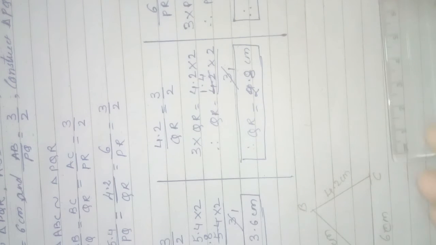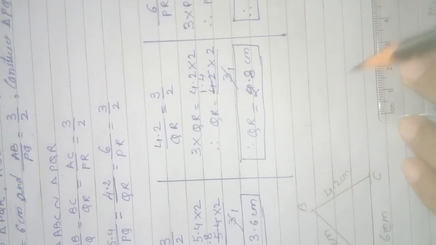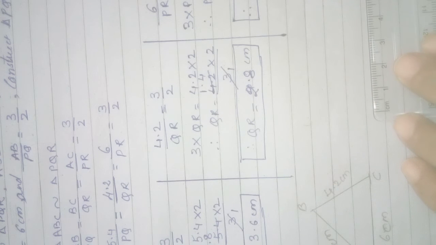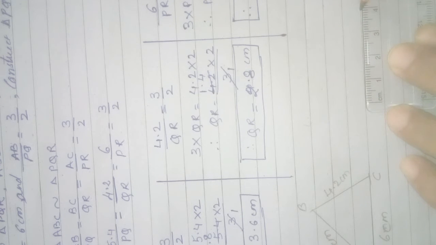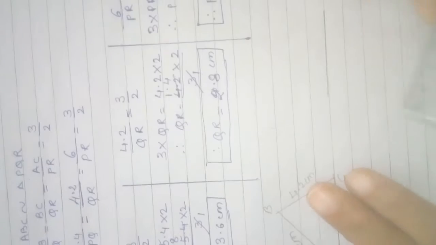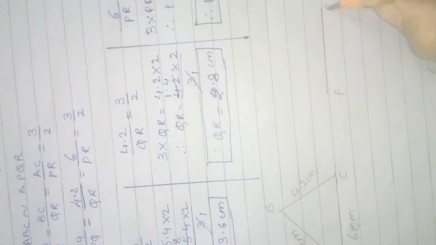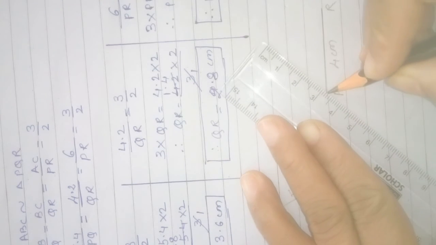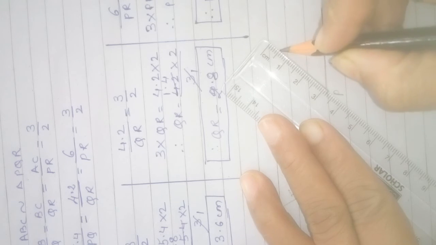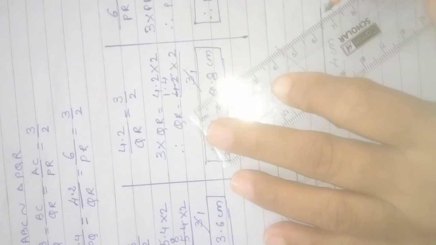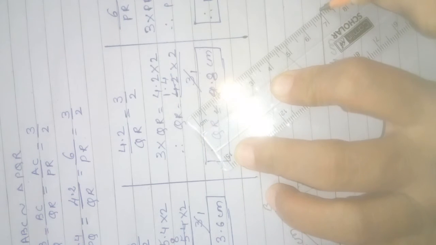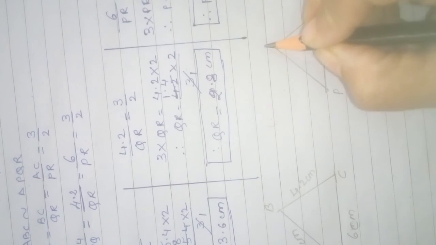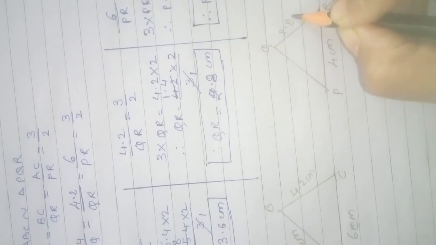Now for PQR, PR is the longest side. It is equal to 4 centimeters. PQ is equal to 3.6 centimeters and QR is equal to 2.8 centimeters.